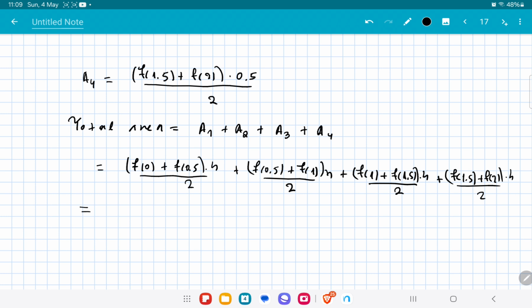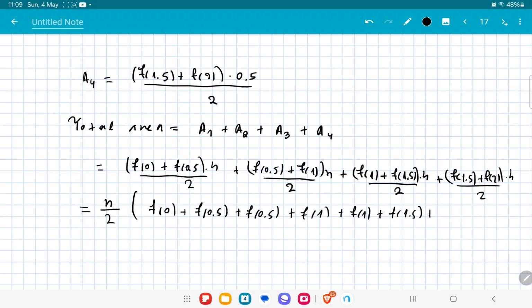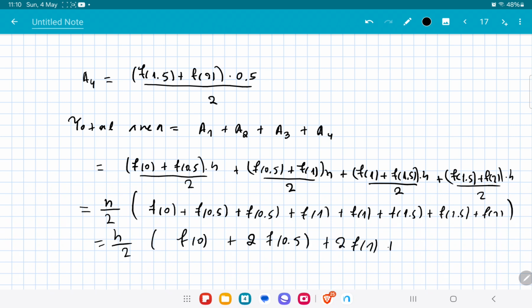I can take common factor the h over 2, and inside I have f of 0 plus f of 0.5 plus f of 0.5 plus f of 1 plus f of 1 plus f of 1.5 plus f of 1.5 plus f of 2, close brackets. That's h over 2 times f of 0 plus 2 times f of 0.5 plus 2 times f of 1 plus 2 times f of 1.5 plus f of 2.